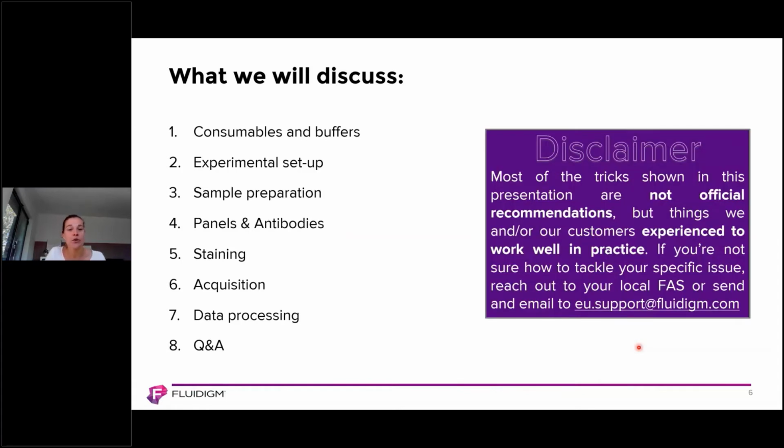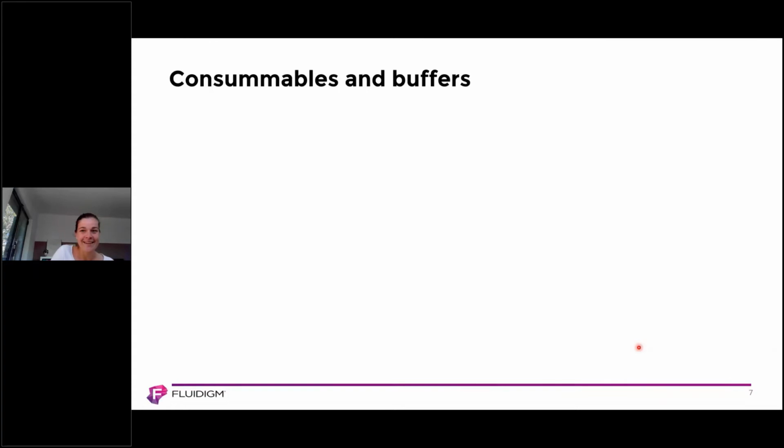You have to know that all the things I will explain today are not official recommendations, but are really used and useful for mass cytometry. A lot of customers are doing that, and you will see that with these little tips and tricks, you will succeed in mass cytometry.